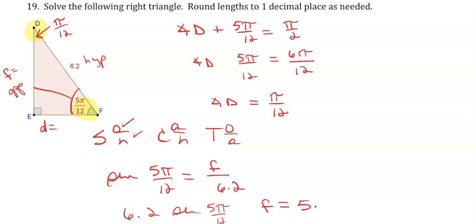If I'm going to round it to one decimal place, everything's going to go up. That's going to equal 6. So little side F is going to be 6.